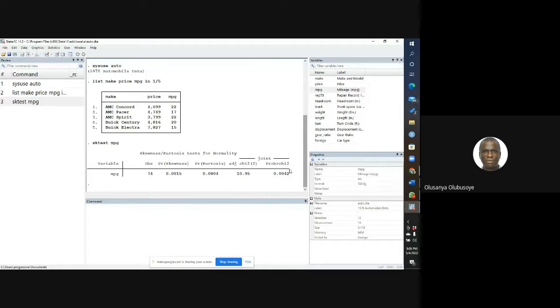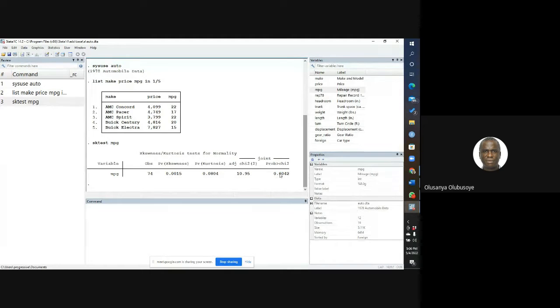Looking at this, we can conclude, because this is the p-value, and this p-value is far less than 0.05, which is our alpha level of 0.05.